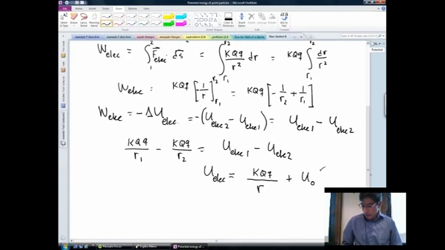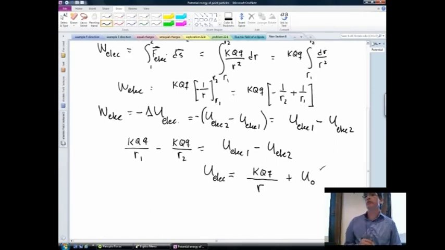Since that's kind of arbitrary, we can choose it to be 0, because it's just a convention. We can say that the electric potential energy of the two particles, when the particles are infinitely away from each other, should be 0. There's no reason to add some arbitrary number and say that even though the particles are infinitely apart, there is some energy stored in that system. That doesn't make a lot of sense, and it just complicates your life.